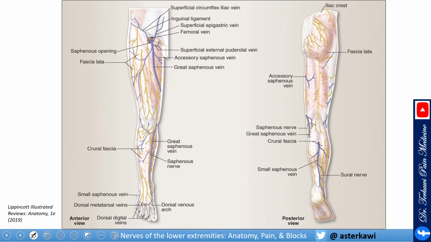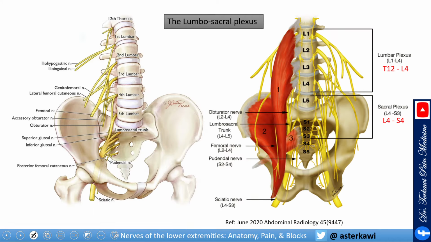We will see a lot of examples now. Veins are also the same. So, for example, here the greater saphenous vein runs with the saphenous nerve. The small saphenous vein here at the back runs with the sural nerve, etc. We'll see a lot of examples. So it's important to familiarize yourself with the blood supply.